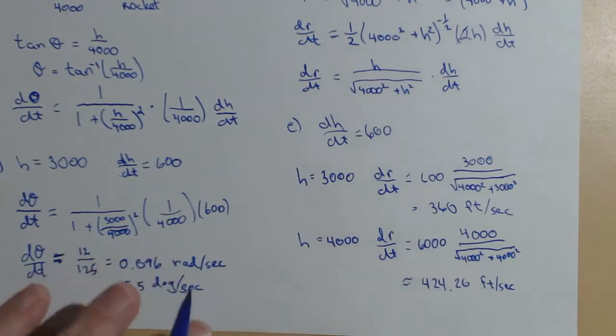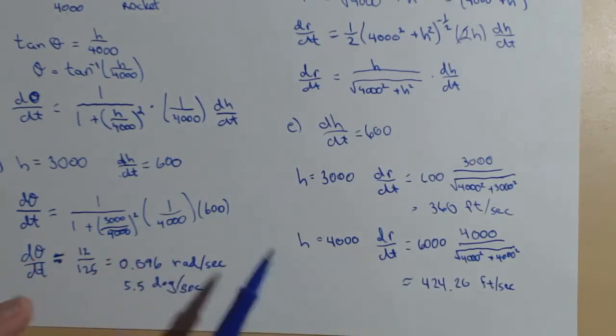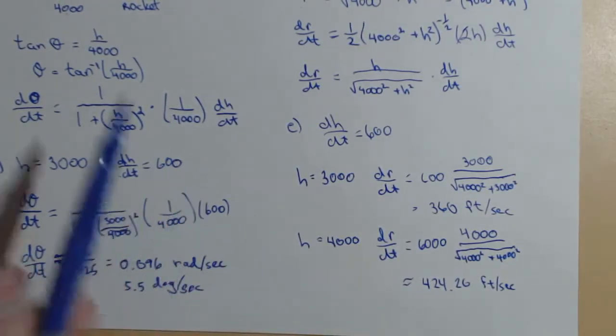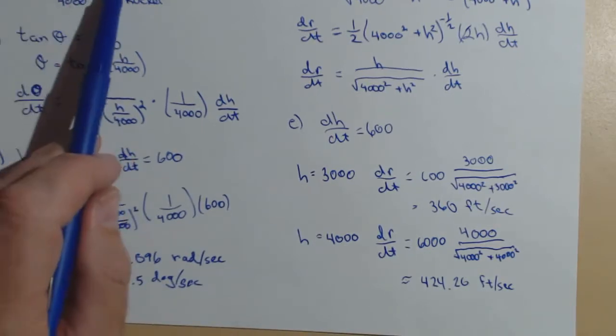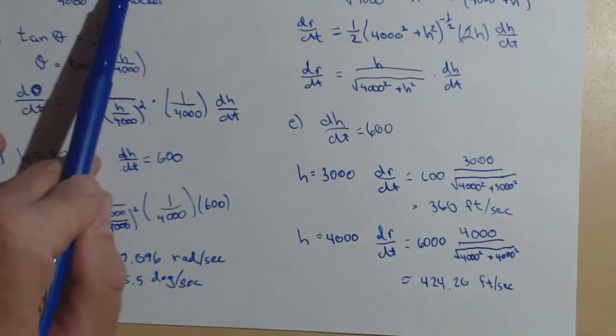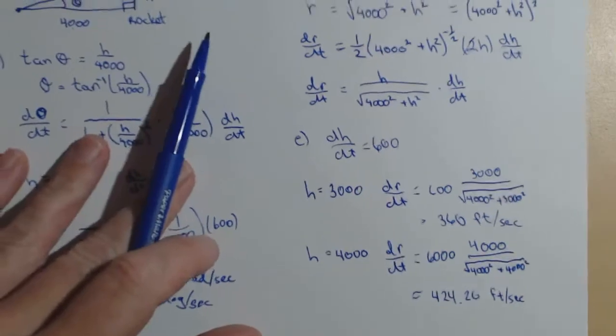Which, if we think about it, makes sense, because as the rocket gets further away, the rate that its distance is increasing from us is going to be increasing as well.